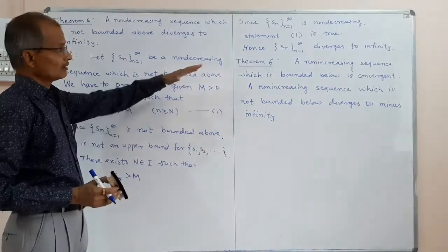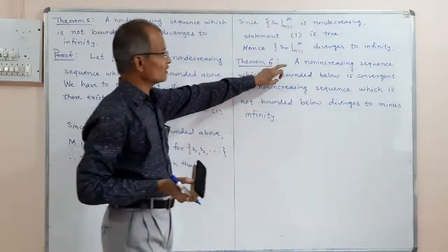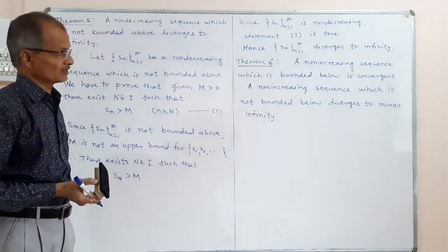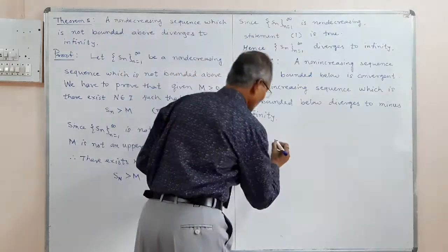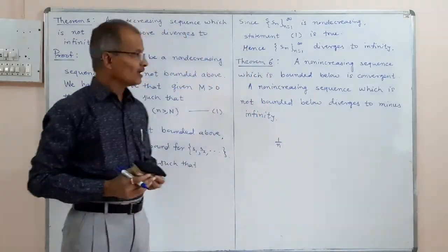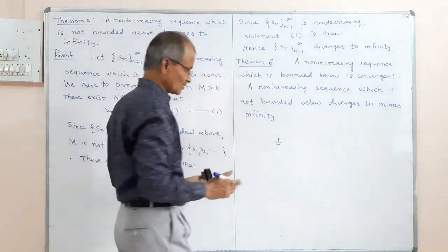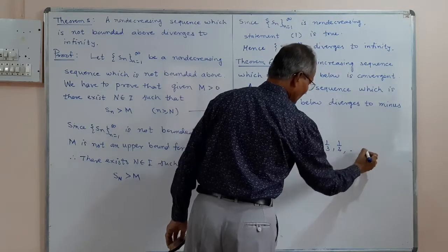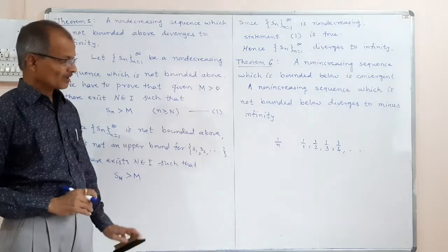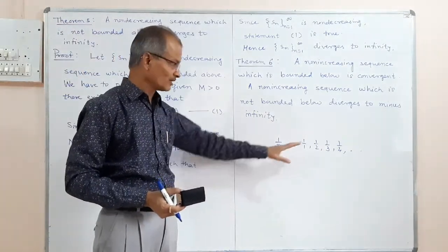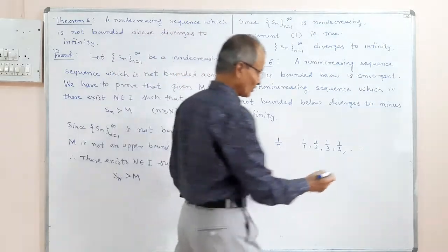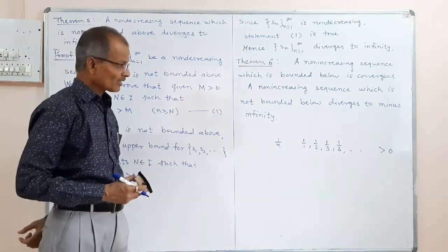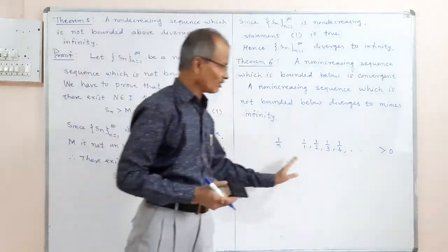Now see this theorem 6, the first part is similar to theorem 4. A non-increasing sequence which is bounded below is convergent. For example, we may consider the sequence 1/n. This is a non-increasing sequence because the terms are 1/1, 1/2, etc., decreasing actually. But this sequence is bounded below because 0 is a lower bound of this sequence. All the terms are greater than 0, so 0 is a lower bound, and this sequence is convergent; it actually converges to 0.